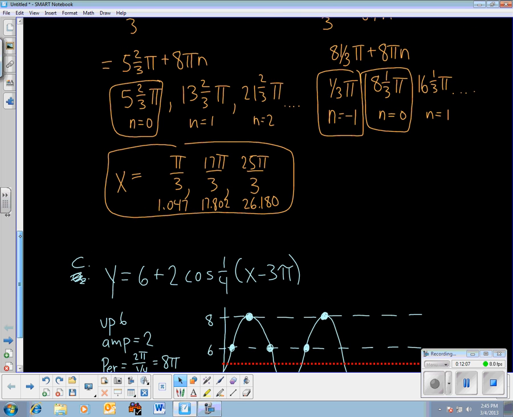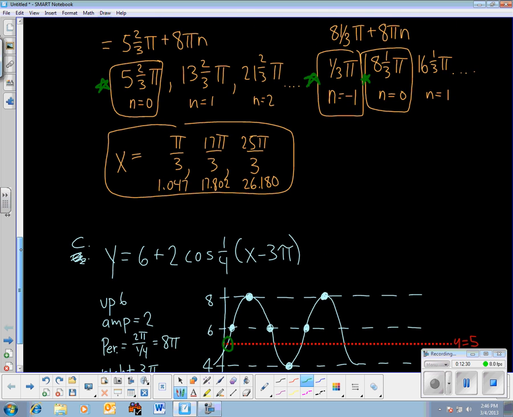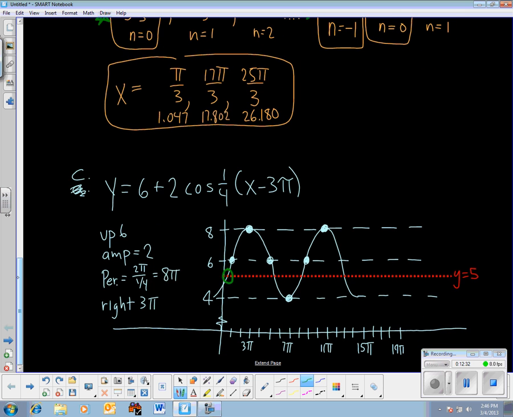Actually, these answers in terms of our improper fractions are going to be the easiest ones to tell. Here, here, here. These are going to be the easiest ones to spot on the graph. They're all the same thing, but we've got 1/3 of pi. So here's 1/3 of pi, and it makes sense on the graph. It's not a perfect spot, but it's very close to the axis. Our next spot was 5 2/3 pi.